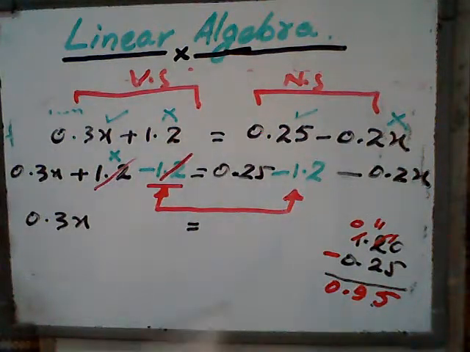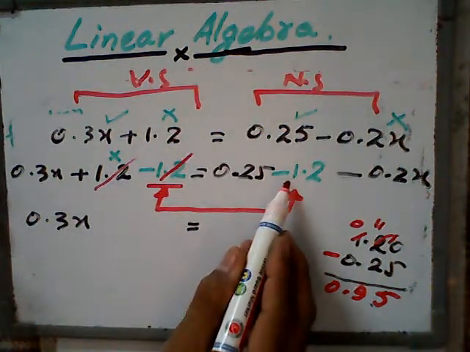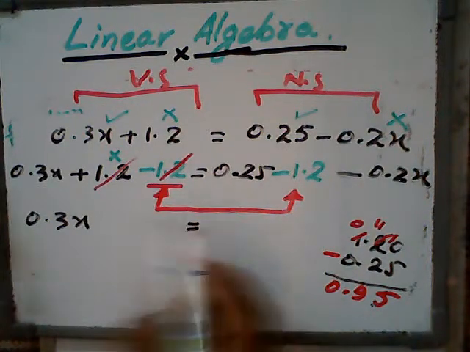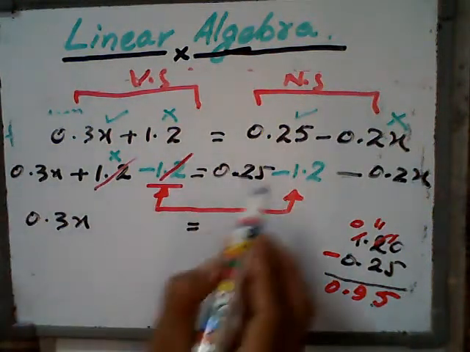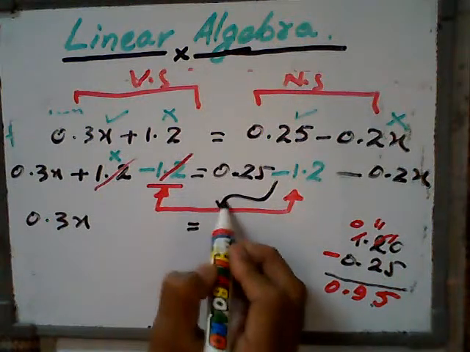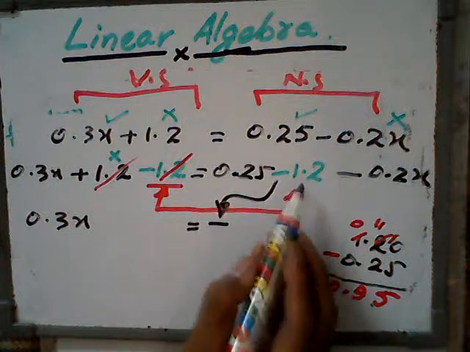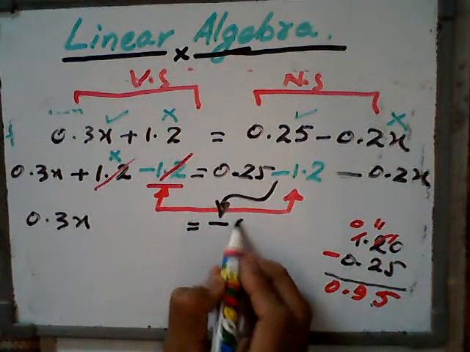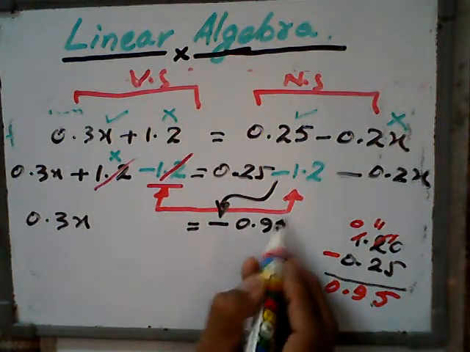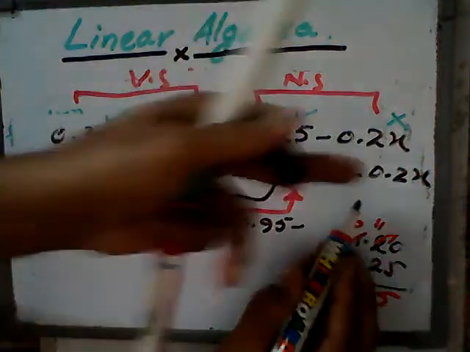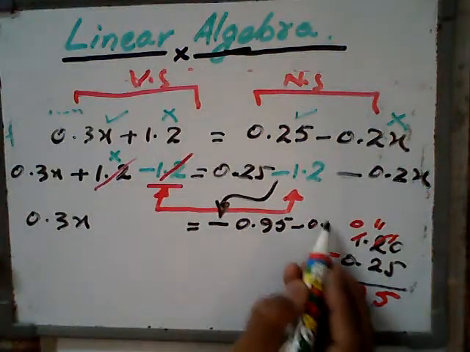So our answer takes the sign of the greater number, which is minus, and then the answer is 0.95, and minus 0.2x is the same.